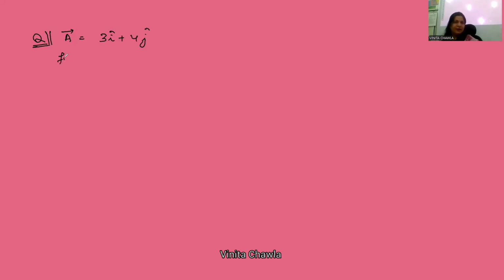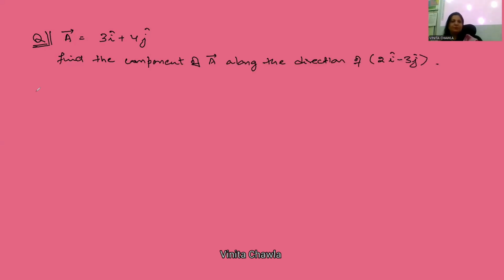Vector A is equal to 3 i cap plus 4 j cap. Find the component of vector A along the direction of 2 i cap minus 3 j cap. Karo.